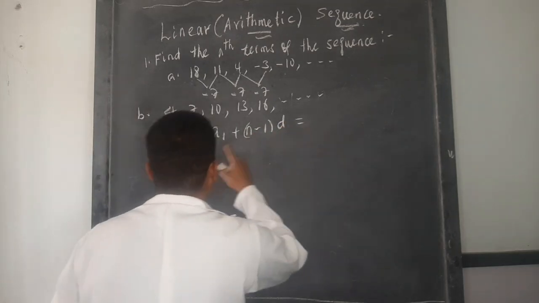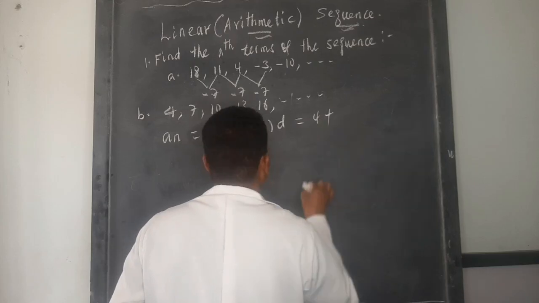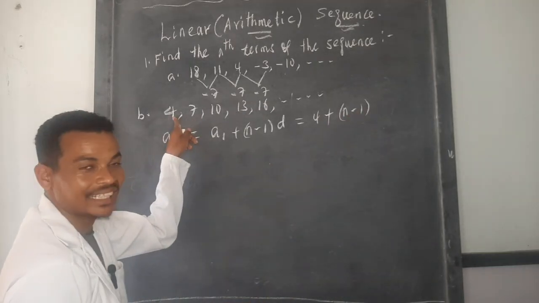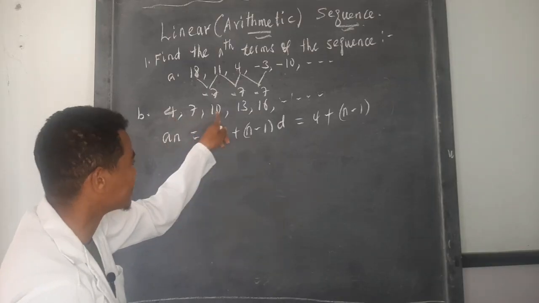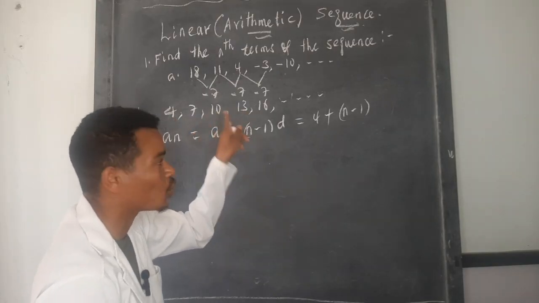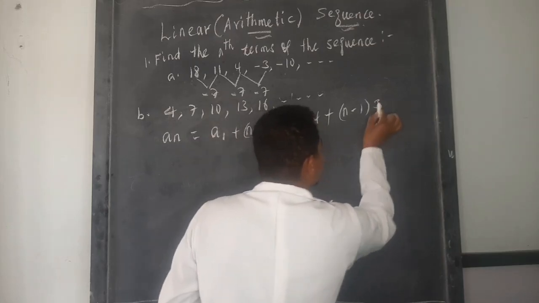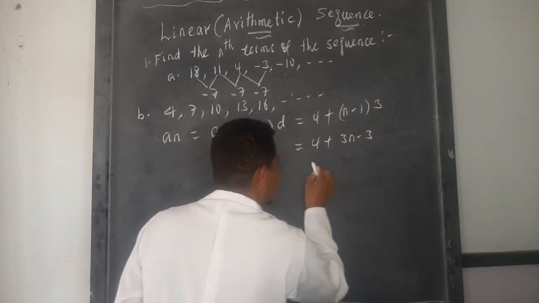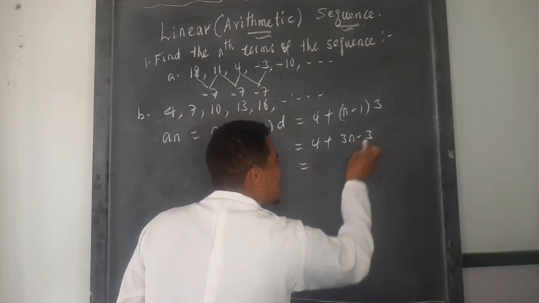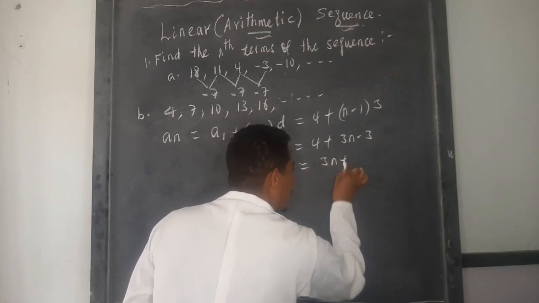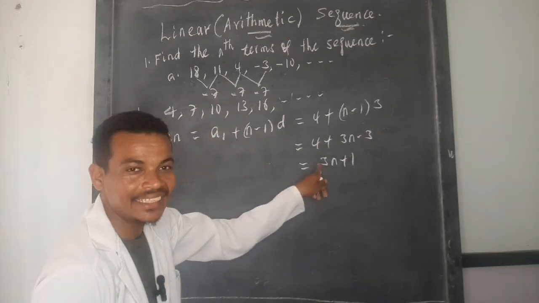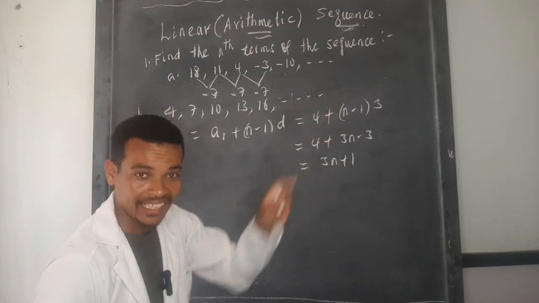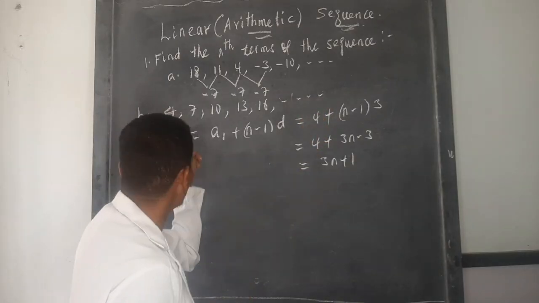This is the same with a1 is 4 plus n minus 1 into d. 7 minus 4 is 3, 10 minus 7 is 3, 13 minus 10 is 3. The common difference is 3. So this is the same with 4 plus 3n minus 3. This is the same with 4 minus 3 is 1, that is 3n plus 1. This is the nth term for the sequence 4, 7, 10, 13, 16, and it continues.